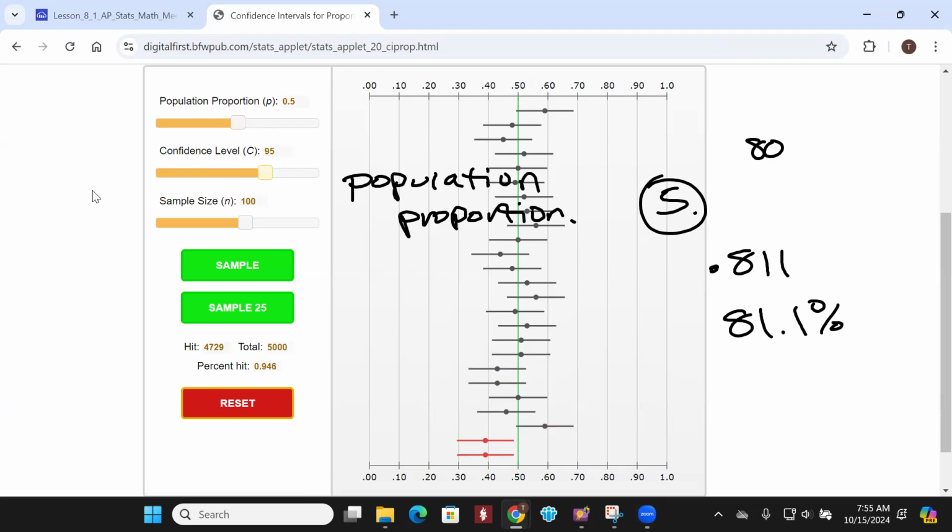What happens to the intervals when the confidence level is increased? What happened to the interval as the confidence level increased? So here it was again. Confidence level is down here.